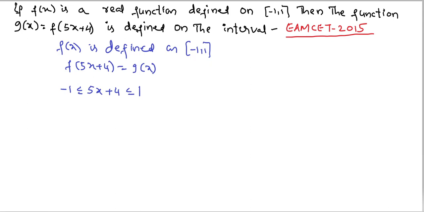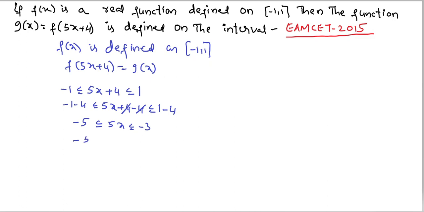That is, adding minus 4 on each term: minus 1 minus 4 less than or equal to 5x plus 4 minus 4 less than or equal to 1 minus 4. Here 4 cancels, so minus 5 less than or equal to 5x less than or equal to minus 3.